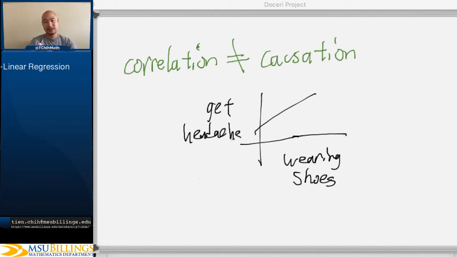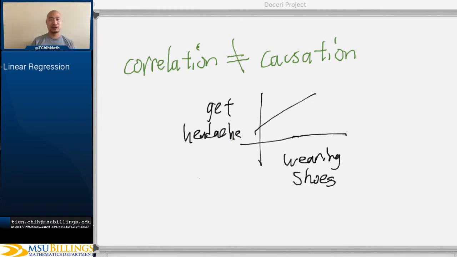All right. So when they dug deeper into the background of why this was, it's because if you wear shoes when you go to sleep, you're more likely to have passed out drunk. And if you passed out drunk, you're more likely to wake up with a hangover and therefore have a headache.